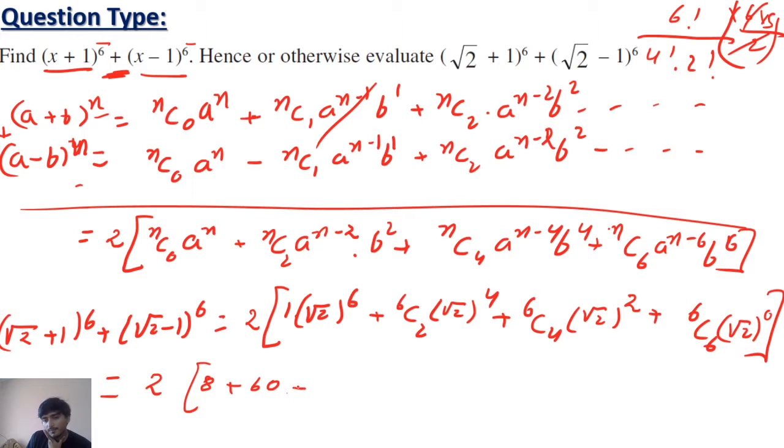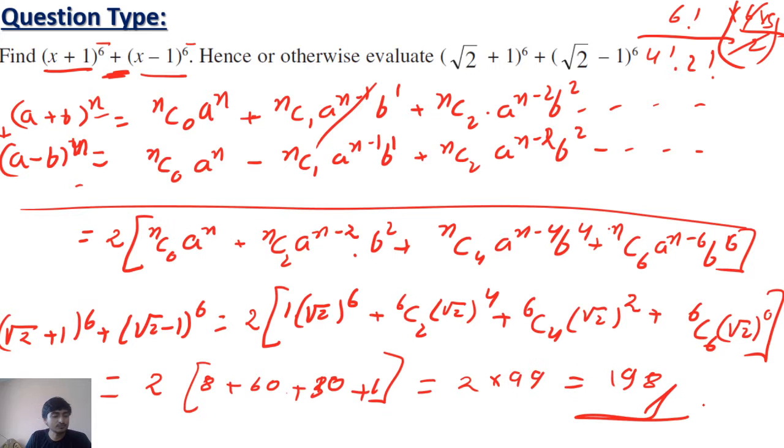Same way you can find 6C4, and 6C2 will be the same. So 15 into 2, that is 30, plus 6C6, which is 1, and root 2 to the power 0 is still 1. So this will be 60, 30, how much? 90, 99. So 2 into 99, that is how much? 198 is the final answer you should get.